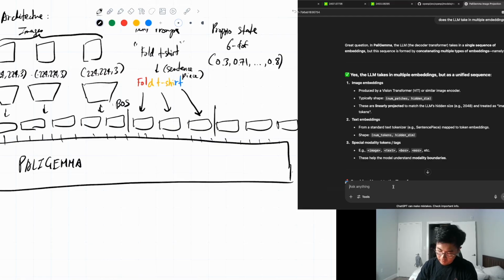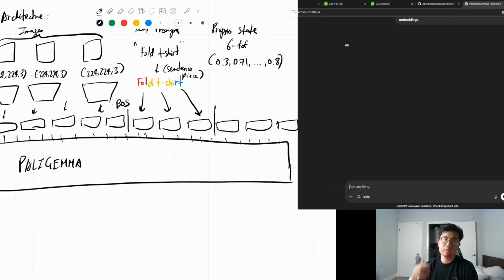It doesn't make sense that each image only takes up one embedding. Does an LLM take in a sequence of tokens or a sequence of embeddings?